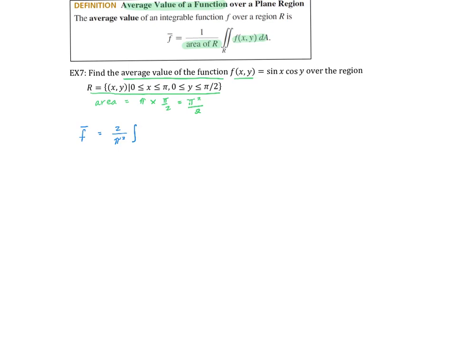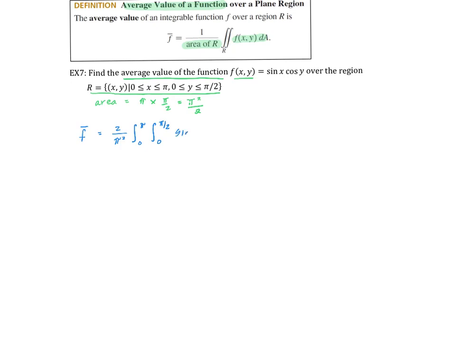I think I'm going to do y first, and I'm going to keep them one inside the other. So my x values go from 0 to pi. The reason I'm going to do the y first is because when I find the antiderivative of cosine, it's positive. I don't like having a negative when I do my first integral. So I'm going to do y, which would be from 0 to pi over 2.